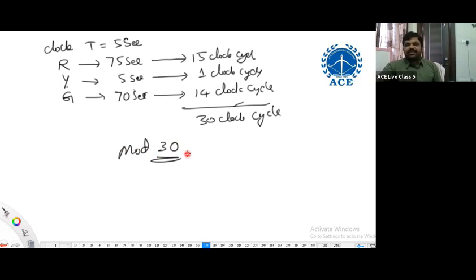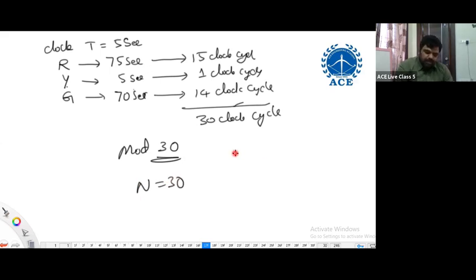To get 30 states, what is the minimum number of flip-flops required? It looks like a very lengthy question, but nothing great in it, though people get confused. In each cycle it must count 30 clock cycles, which means it must go through 30 different states. So how many minimum flip-flops are required? 5 flip-flops.